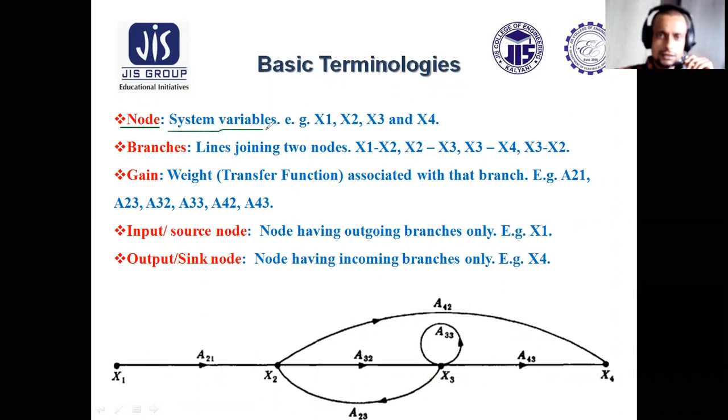Node is system variables. That is x1, x2, x3, x4. These are four nodes. Now, in between any two nodes, x1, x2 or x2, x4 or x2, x3 or x3, x2, there is a line joining those two nodes.